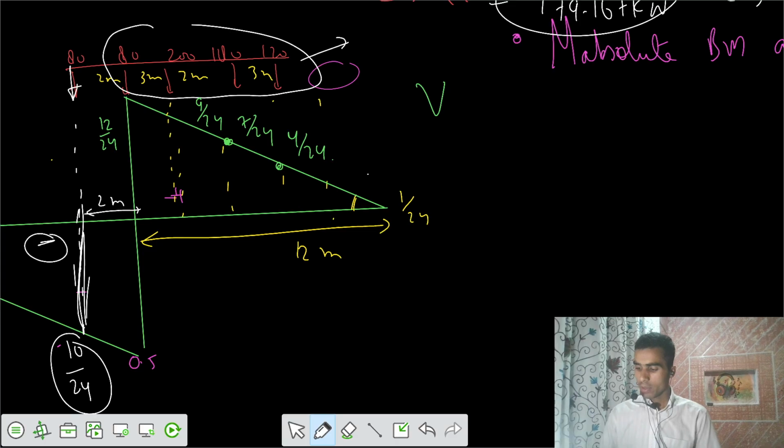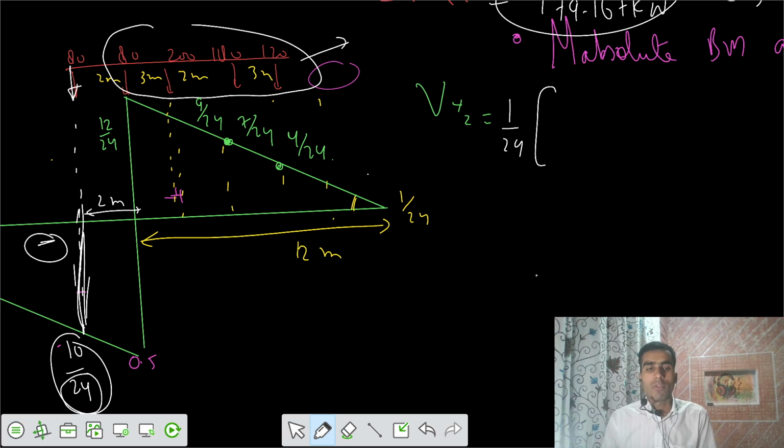Let's go now for the V. What we have? V positive 2. So we can write that also. Let's go for that calculation. I would say that we can keep the 24 outside, as a common factor for each of the terms.